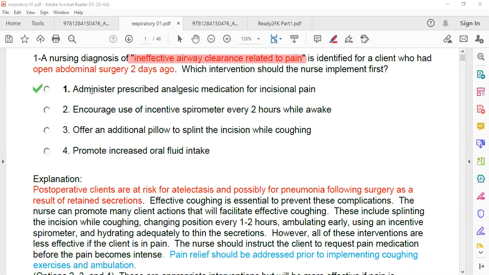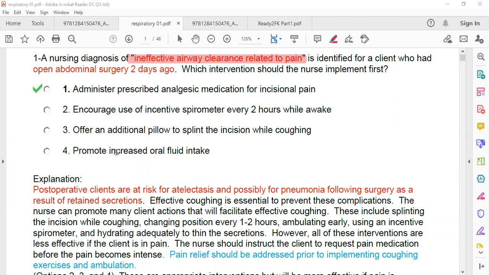Number one, administer prescribed analgesic medication for incisional pain. Second, encourage use of the incentive spirometer every 2 hours. Offer an abdominal pillow to splint the incision with coughing, and promote increased oral fluid intake.